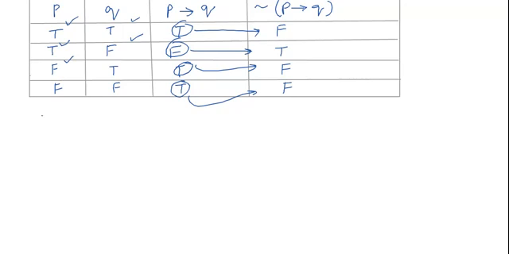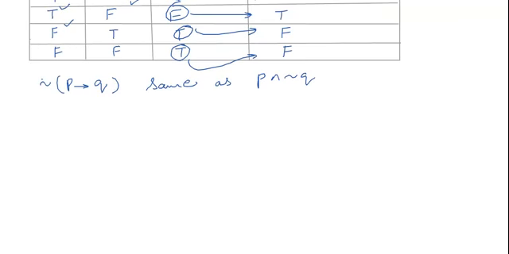Negation of if P then Q is the same as P conjunction negation Q. And let me show you how. We need to again make the truth table.